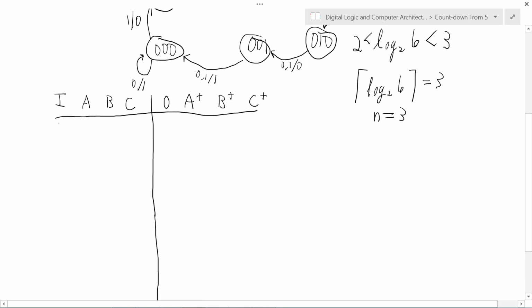Let's list all possible input combinations. There are 4 input variables, so we have 16 rows.